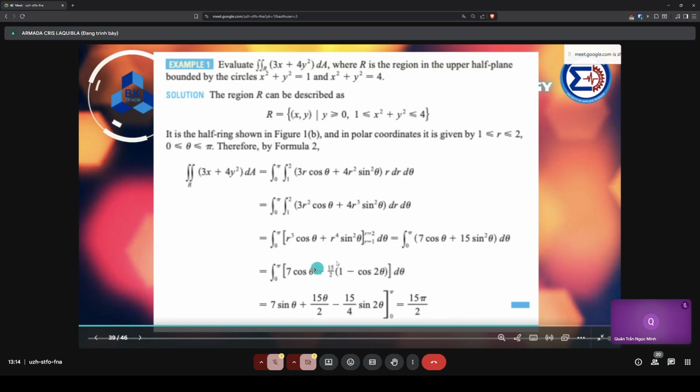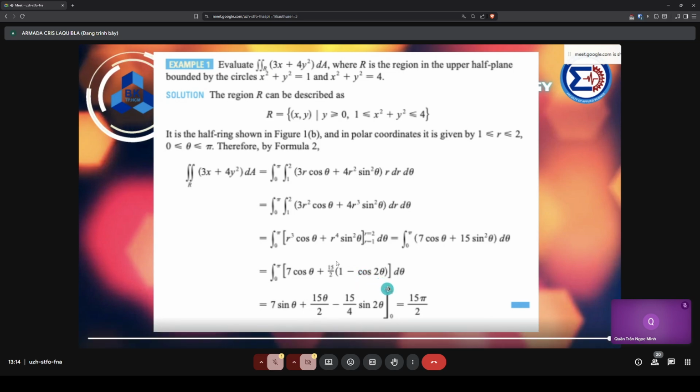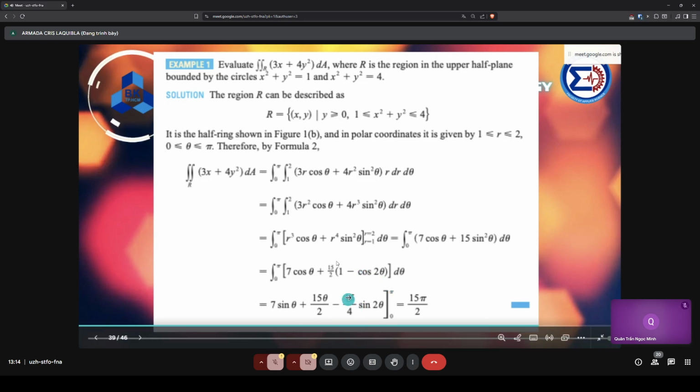Okay, now the integral of 7 cos theta is 7 sine theta, and then next 15 over 2 times 1 here, it's constant. So integrating it with respect to theta, we have just to write theta beside it, right? We have 15 theta over 2 minus, so when you multiply here the 15 over 2 cos 2 theta, it becomes 15 over 4 sine 2 theta. This is the integral of your cos 2 theta.